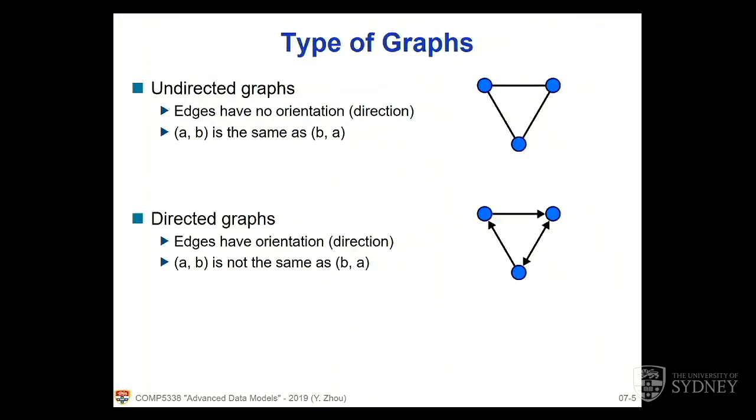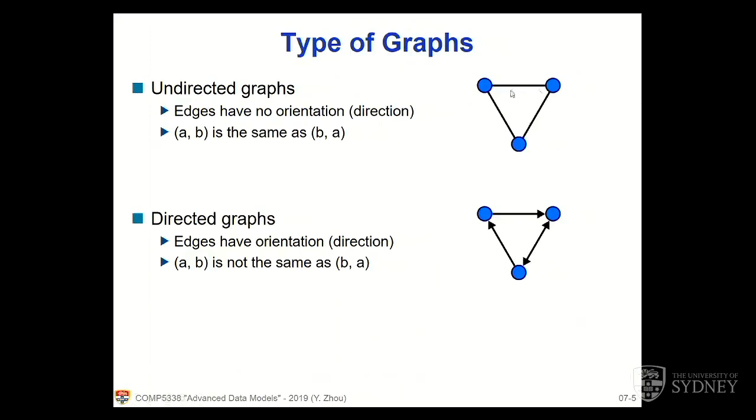Okay, and usually we differentiate at the very top level two big categories of graphs, undirected and directed graphs. It's based on whether the edges have orientation, like if we can identify one as the source and the other as the target, like there's a pointer from source to target.